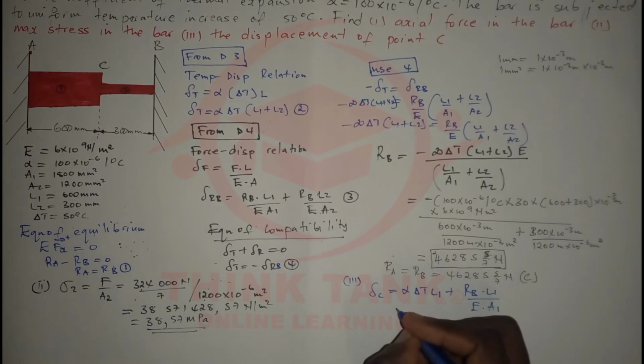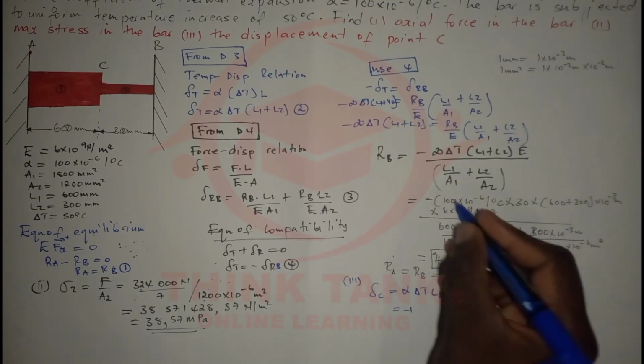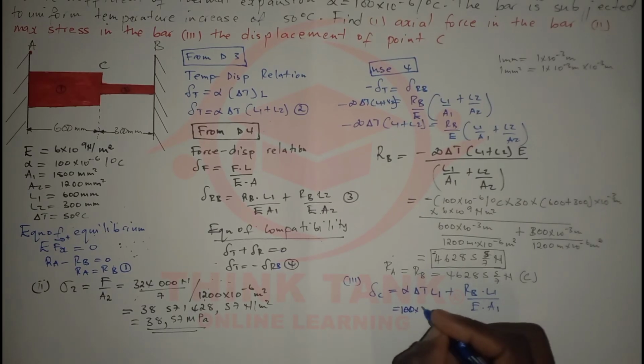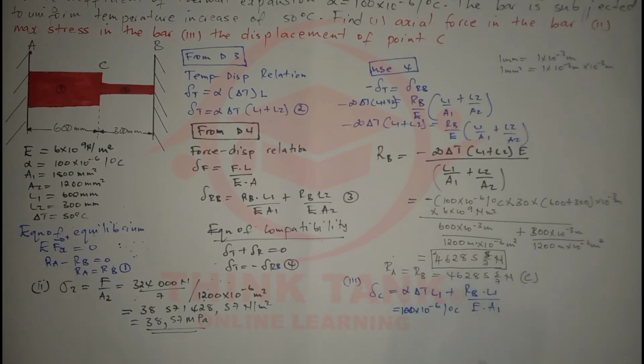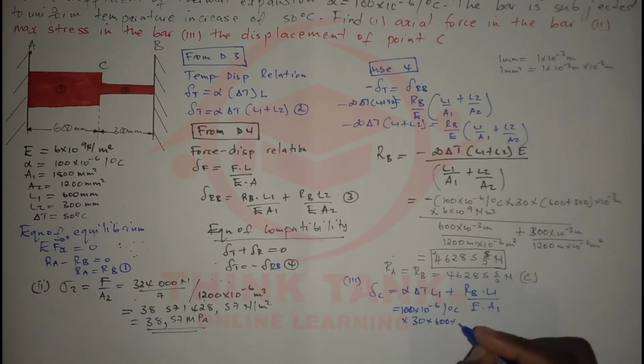So from here we have positive 100 times 10 to the power negative 6 per degree Celsius, times the change in temperature, which is 30, times the length, which is 600 times 10 to the power negative 3 meters. Okay, that is for the first part.